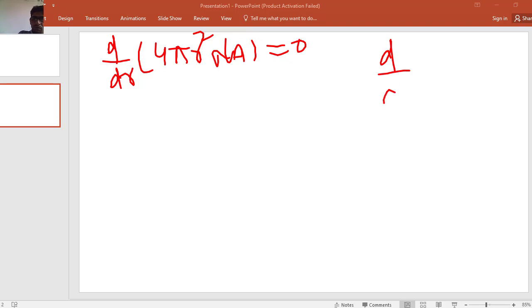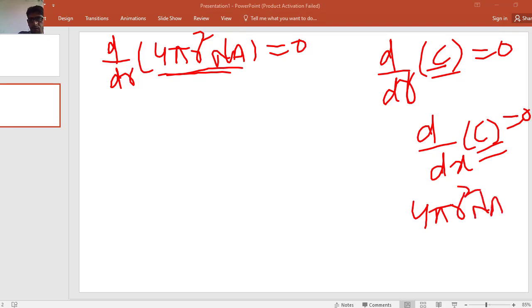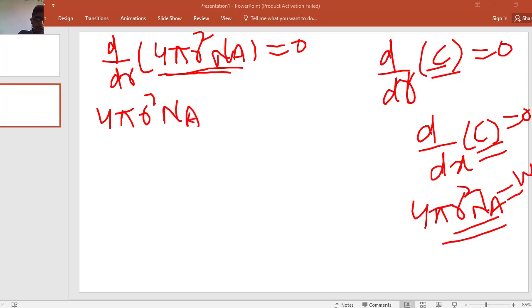We know that the derivative of a constant is equal to 0. So from this relation we know that 4 pi r square NA is constant and it is denoted by W. So area 4 pi r square into flux, the molar flow rate, is constant and it is denoted by W. Suppose this is equation number 2.